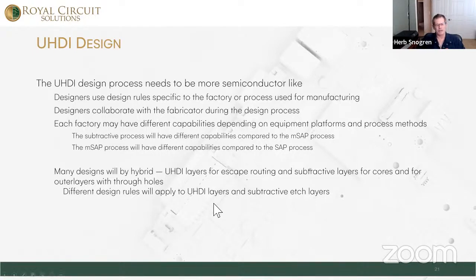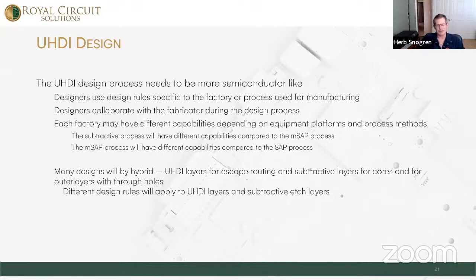The other thing to be aware of is that most of these designs are going to be hybrid. They're not all going to be ultra-HDI on every single layer. So, on a cell phone circuit board, for instance, there are layers that are made with subtractive etch, and then they do buildup layers with ultra-HDI, and then they finish up with a subtractive layer for the outer layer when they have through holes.